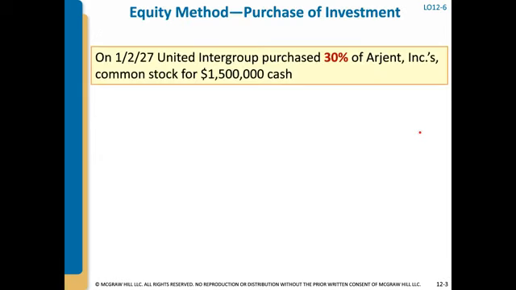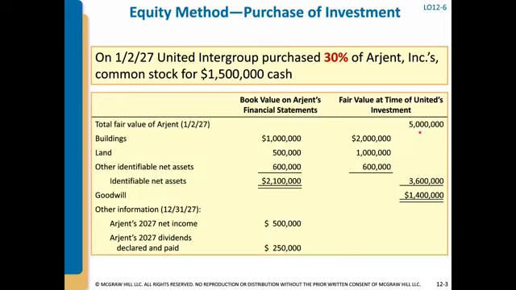We will continue with our example of United Intergroup that purchased 30% of Arhant Inc.'s common stock for $1.5 million cash in the beginning of 2027. We accounted for the actual purchase of the investment, which would be the fair value times its share, which is 30%.